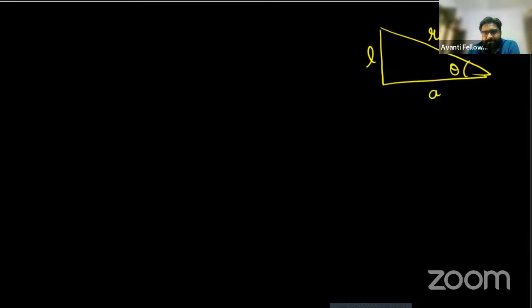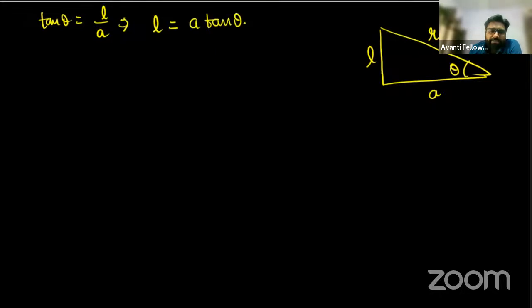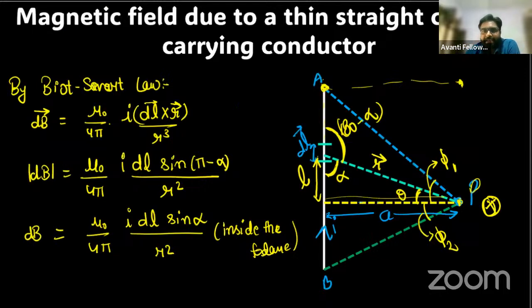And this angle is theta. What we are going to do here, we will write tan theta equals L upon A. So we can write L in terms of A, which is A tan theta. Why are we doing this? There is a story behind it.